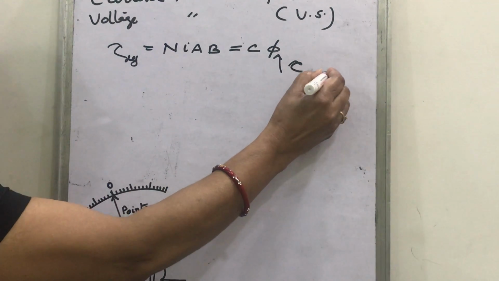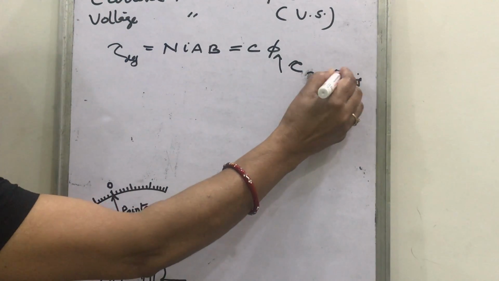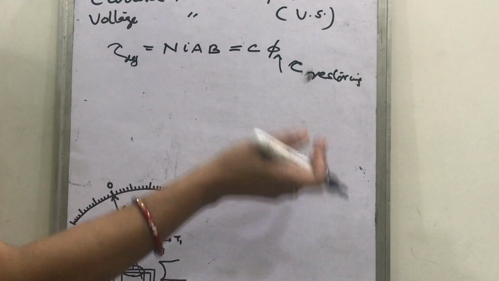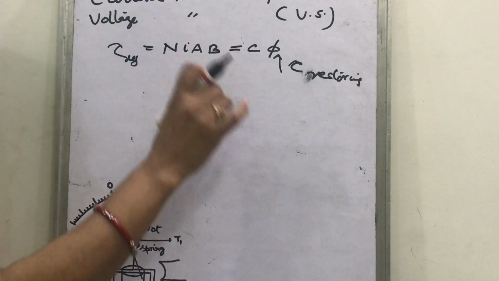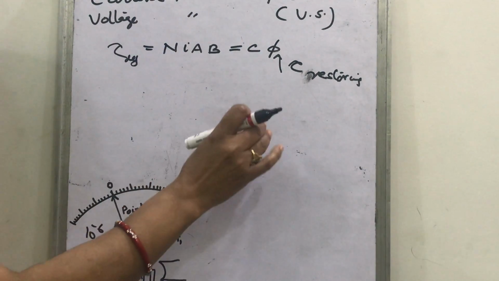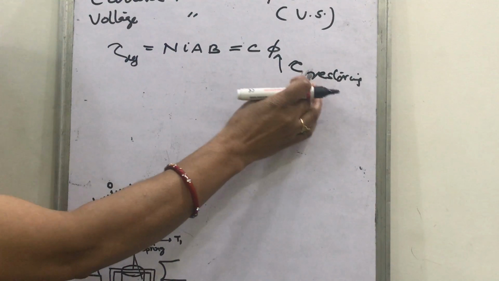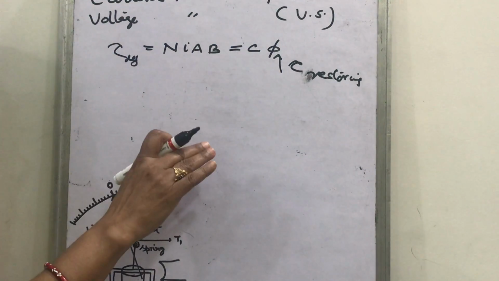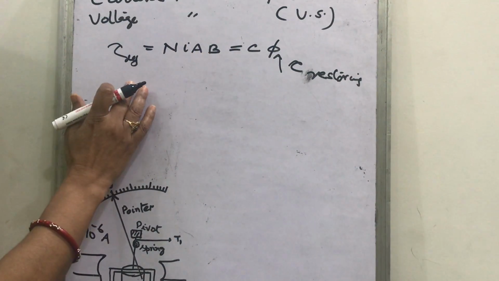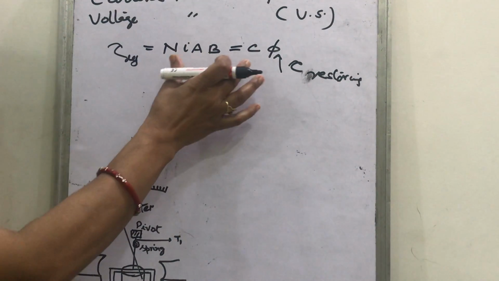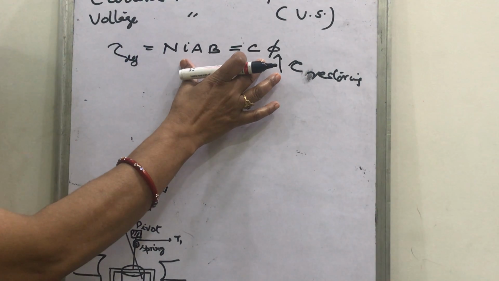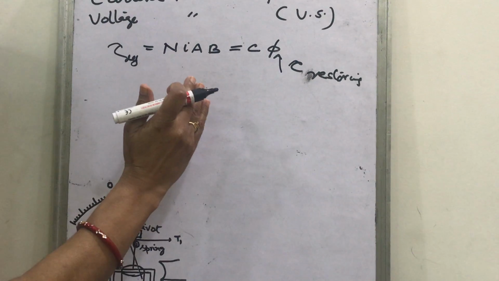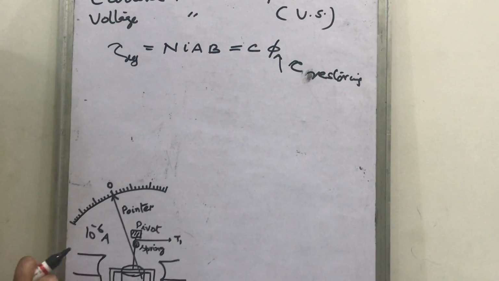Whenever the deflecting torque is produced, due to the twist in the spring and phosphor bronze strip, restoring torque is always produced, which tends to bring the coil to its original position. It opposes the deflecting torque. So in equilibrium, when both become equal and opposite, the pointer comes to rest at that position.